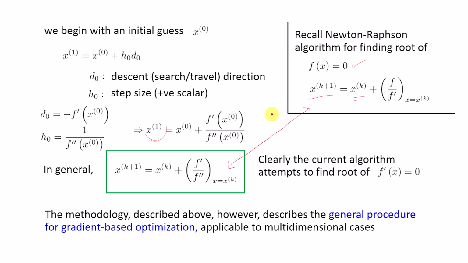So we are discussing the base case here, how this idea comes from the Newton-Raphson method. And this family of methods, we'll call them gradient-based optimization or gradient descent type methods, which are very, very popular in multidimensional unconstrained optimization.